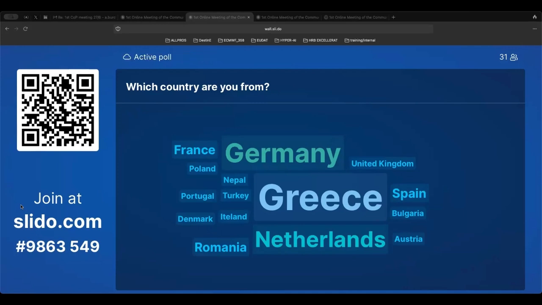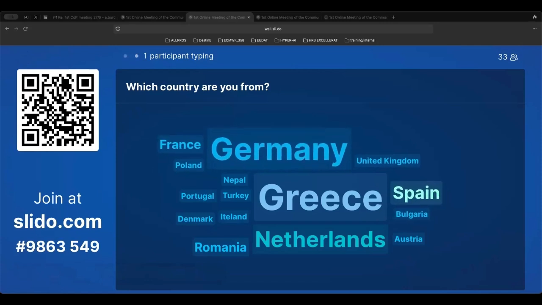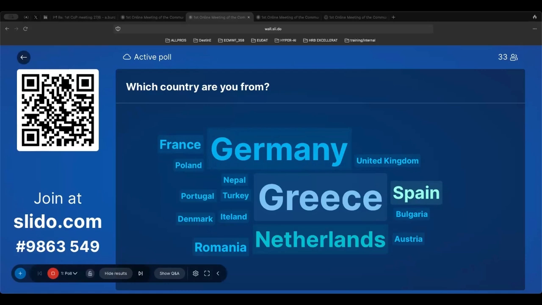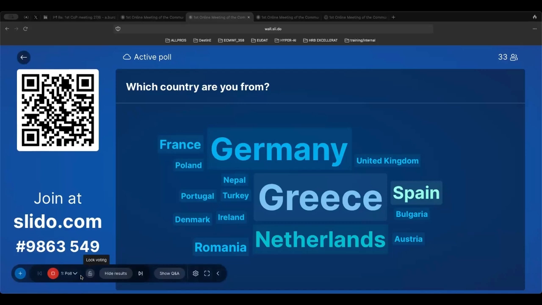I guess the size of the letters also corresponds to the percentage of participation, so you can already get an idea. I guess Iceland is Ireland, because R is close to T, so there's a typing mistake there, but okay, we understand. Mostly European, of course. Okay, I think we can go on to the second question then.